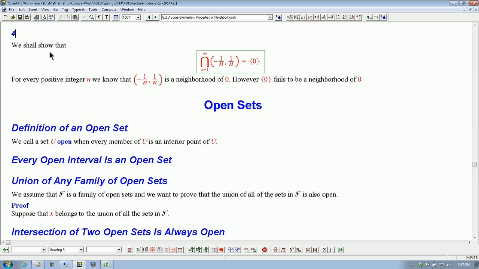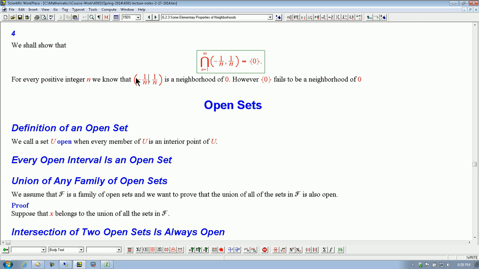I'm going to show you in a moment that the intersection of all those intervals is singleton 0. Let me tell you the significance of this example. For every positive integer n, 1 over n is a positive number. Is that not? This is an open interval, is it not?